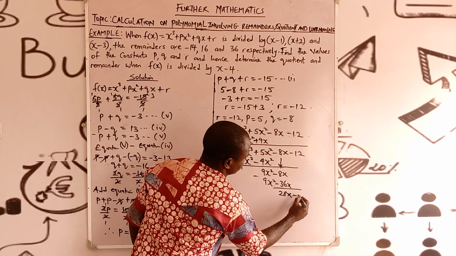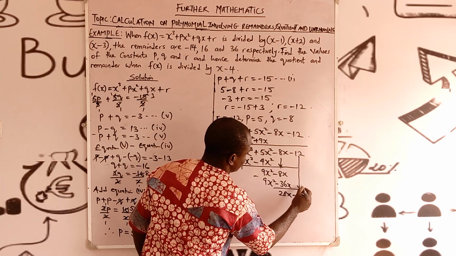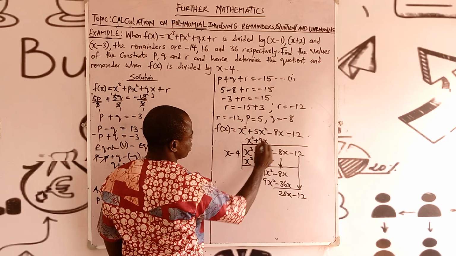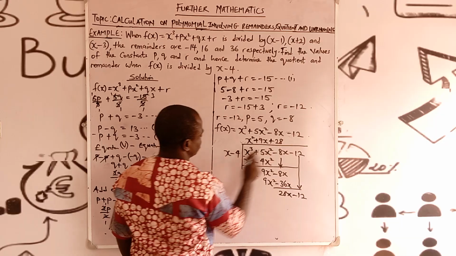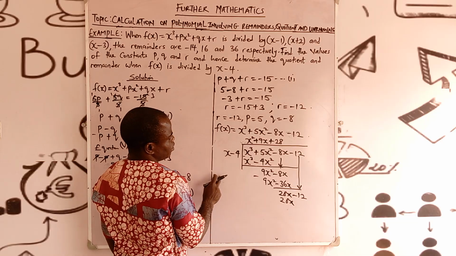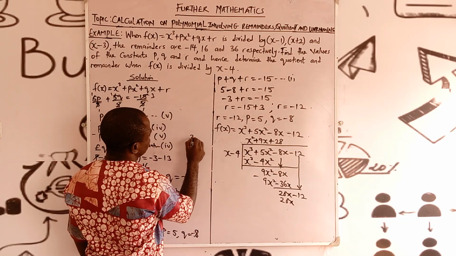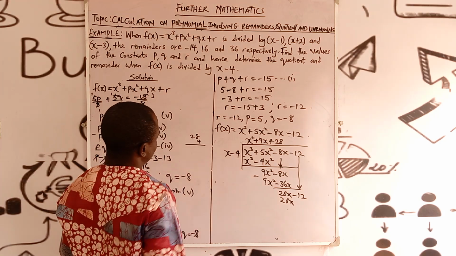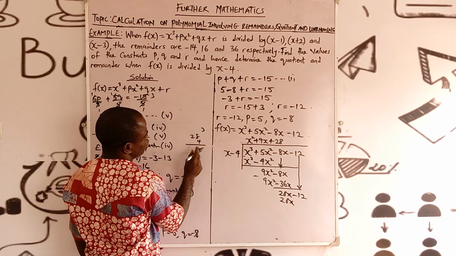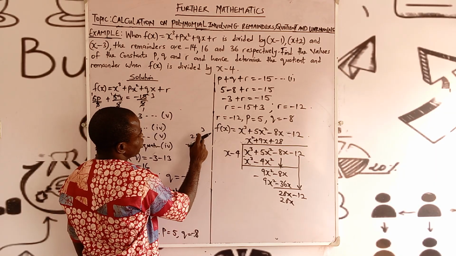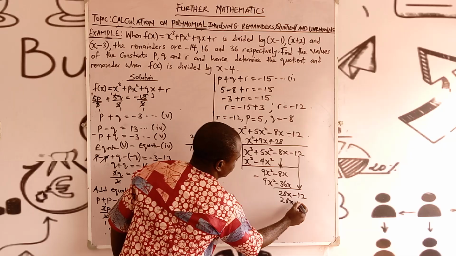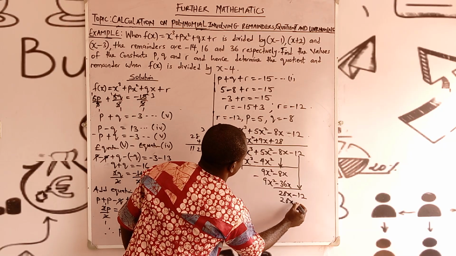Bring minus 12 down. Now what can you multiply with x that will give us 28x? That's plus 28. x times 28 is 28x, and minus 4 times 28 is minus 112.